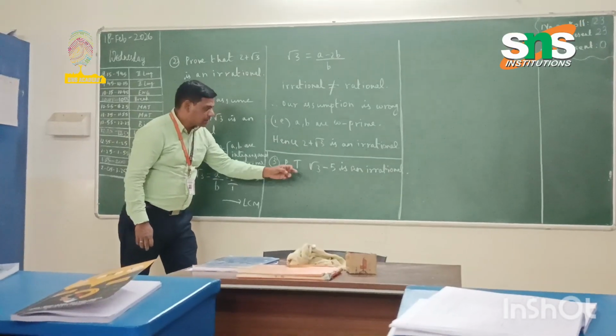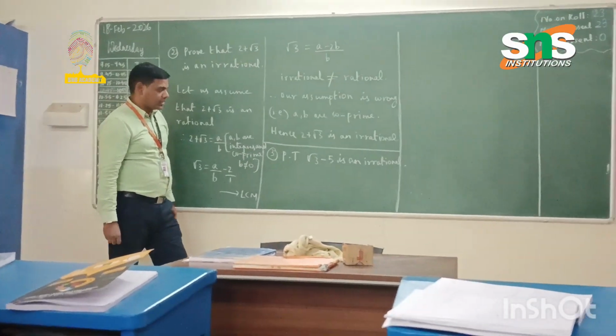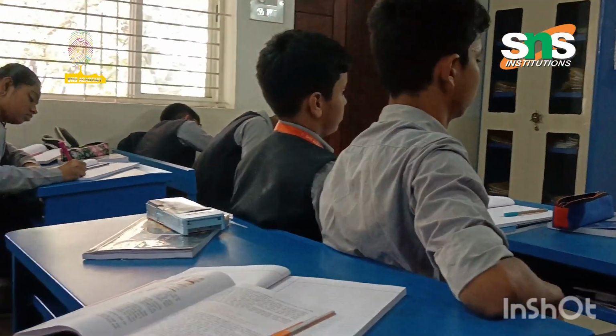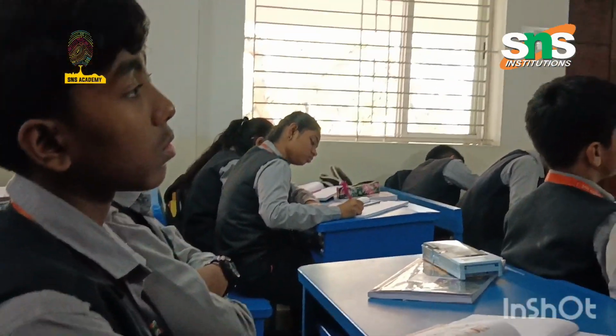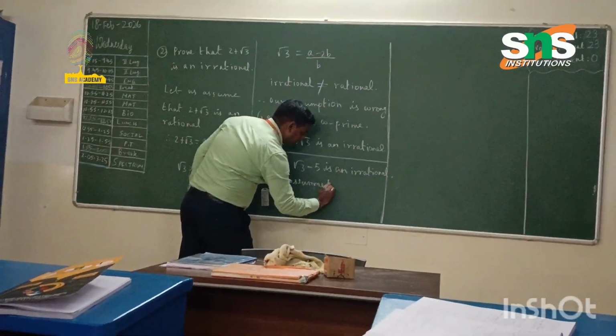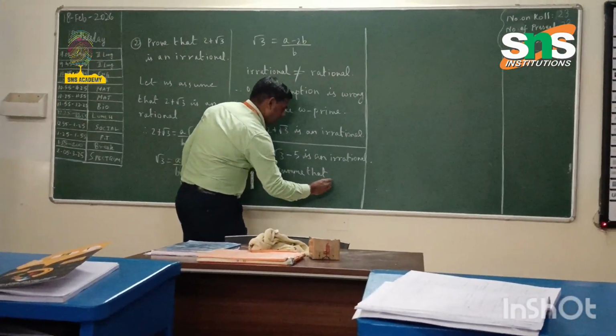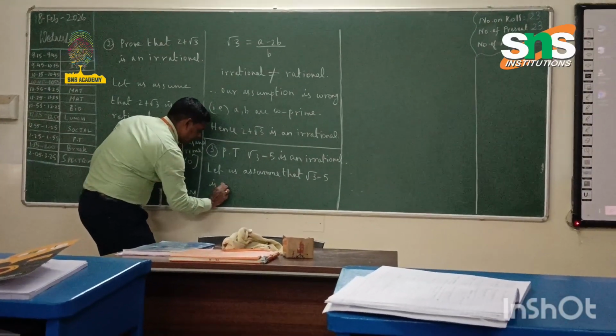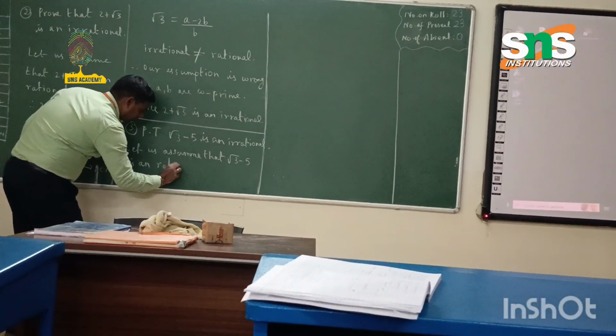So here, root 3 minus 5 is an irrational number. The same thing we have to write: let us assume that root 3 minus 5 is a rational number.